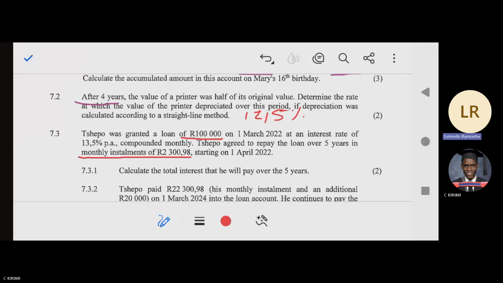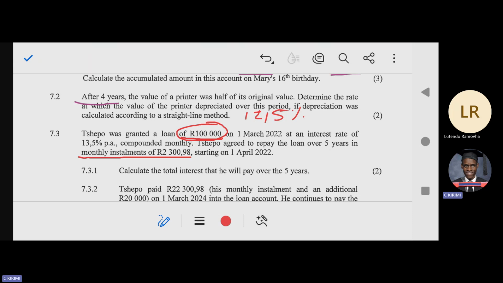So we are going to say 2,398 times 60 minus the 100,000, because now I'm being given a loan of 100,000. So how much interest will he pay over 5 years?